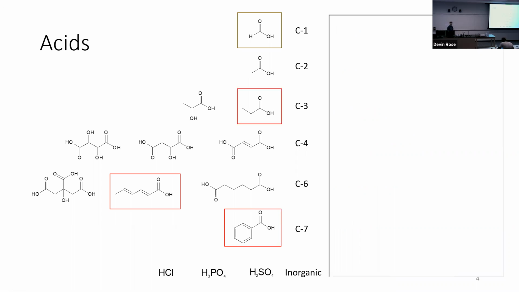So if we look at a couple of acids that I have there in boxes, I boxed those because they have unique functionality. Most of these acids would be added to foods for their acidic nature. Because they're acid, you want to lower the pH, you want to impart some sourness, something like that.